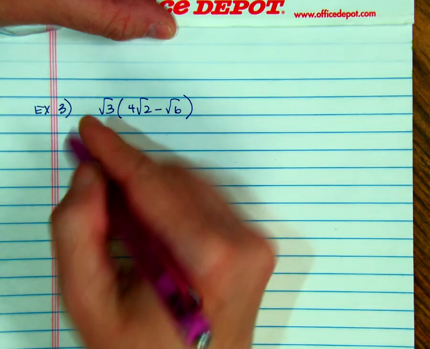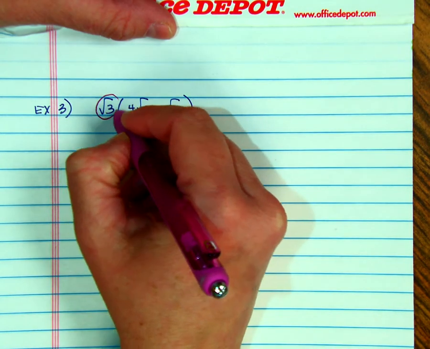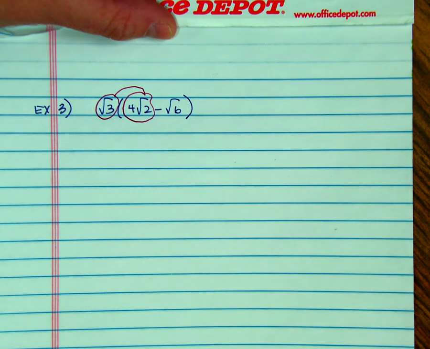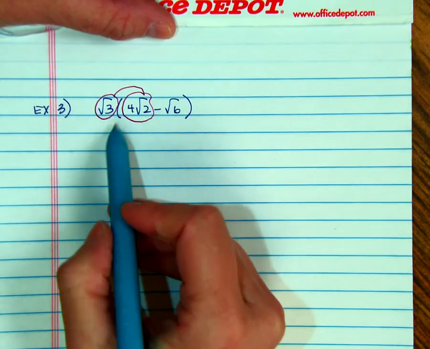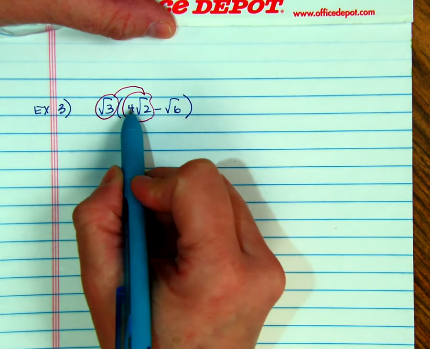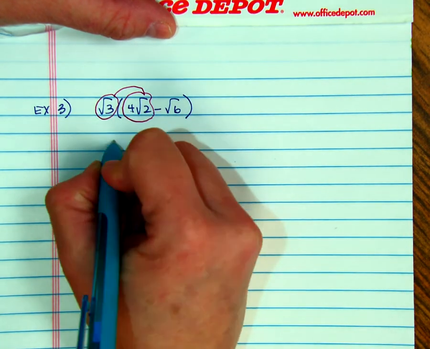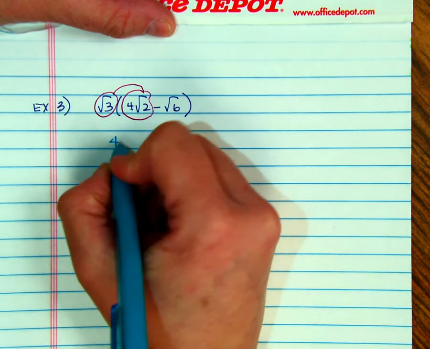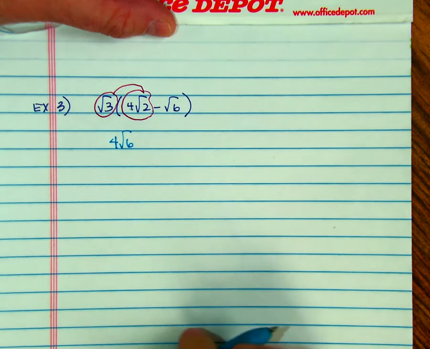So you are going to take the square root of 3 times this first term. This is where you really have to keep your mind straight as far as what it is that you're multiplying. So I am multiplying square root of 3 times 4 radical 2. 4 is the only thing outside the parentheses, so I have a 4. Radical 3 times radical 2 gives me radical 6.